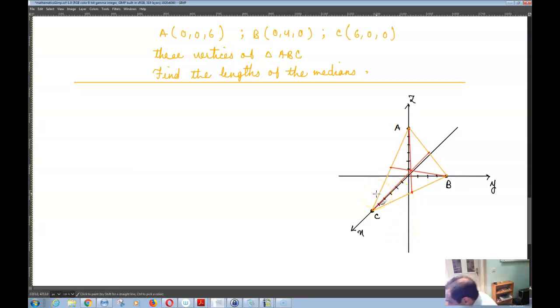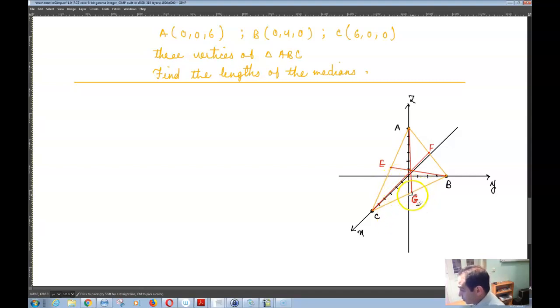Now the length of the medians, you can very easily calculate them using the distance formula and the midpoint formula. Let's call these points E, F, and G.